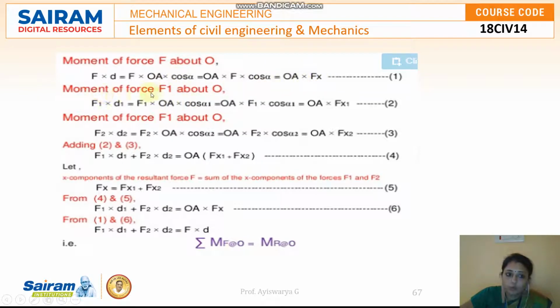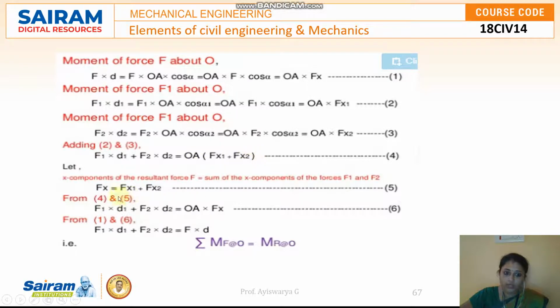Similarly, the moments of F1 and F2 give OA into Fx1 and OA into Fx2. Finally, by adding these, the sum of moments will be F1 D1 plus F2 D2, which is OA times Fx1 plus Fx2.